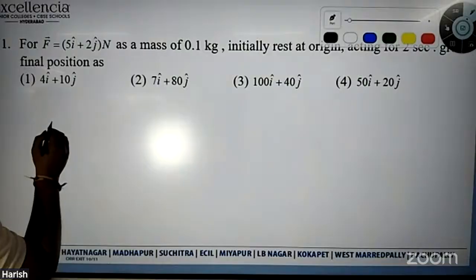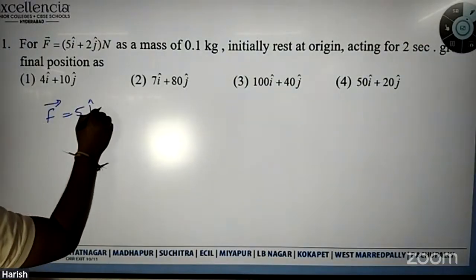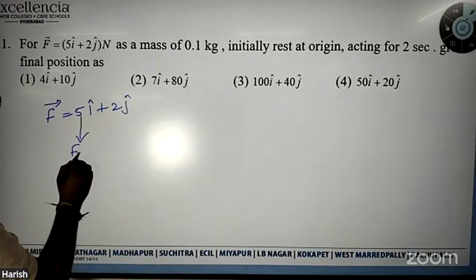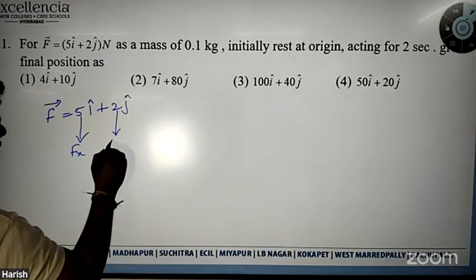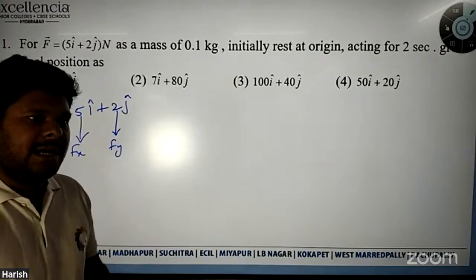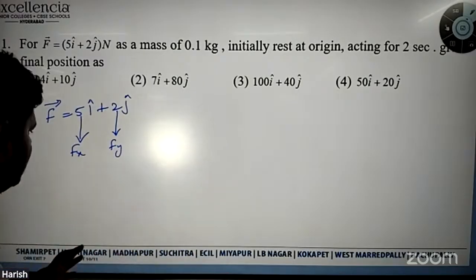The force F bar is equal to 5i cap plus 2j cap. This is the x component of force, Fx. This is the y component of force, Fy. Let us find the acceleration now, because if the acceleration is constant, I can use the equations of motion to find their coordinates.